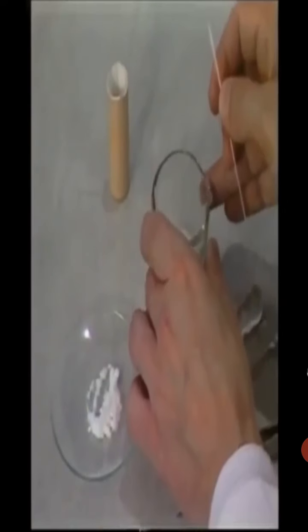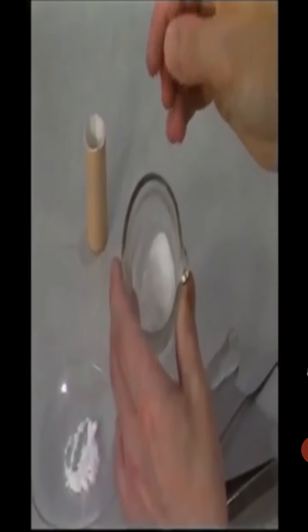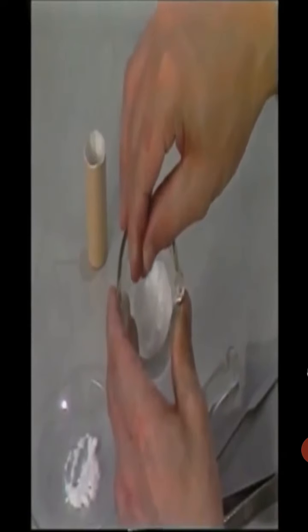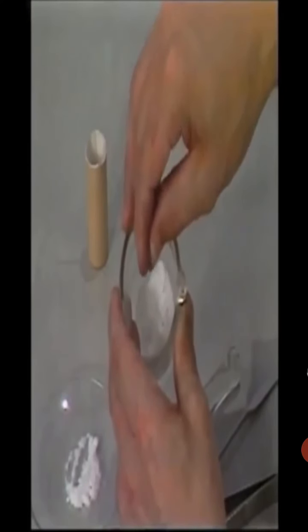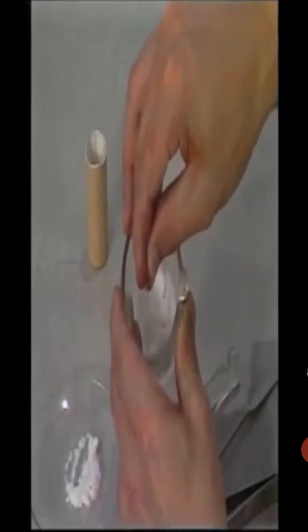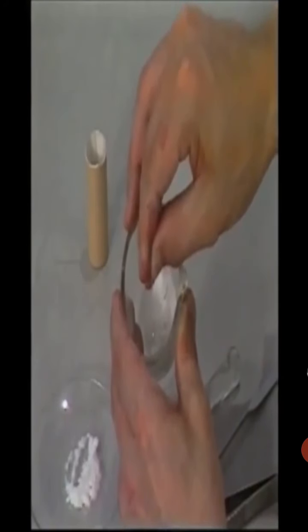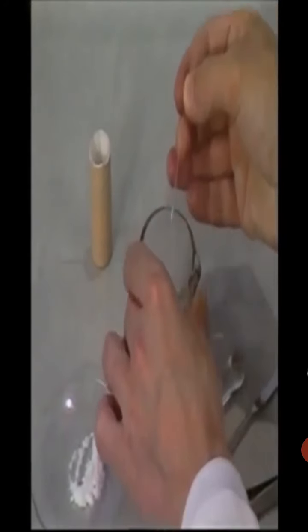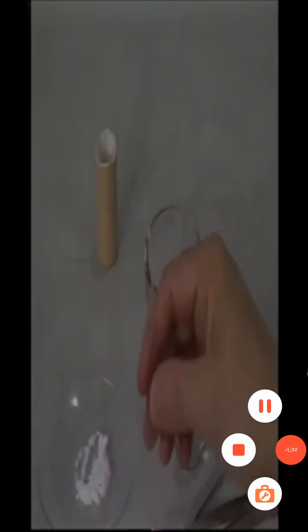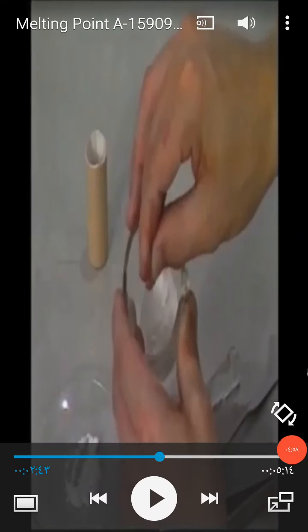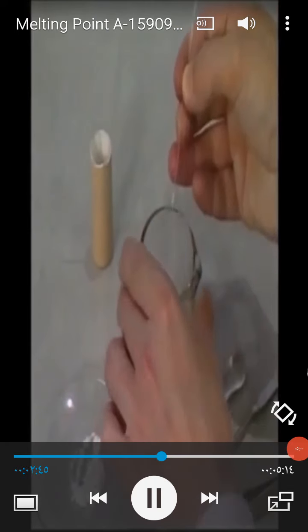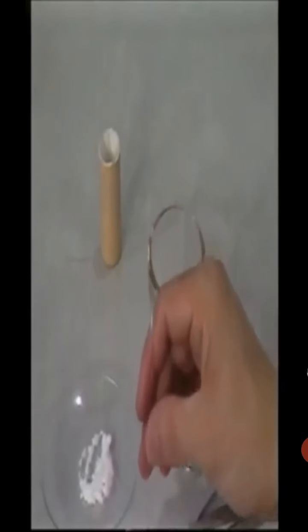When the tube has cooled, insert the sample by pressing the open end of the tube into the ground sample. Tap the end of the tube firmly on the bench when the sample will fall to the bottom.